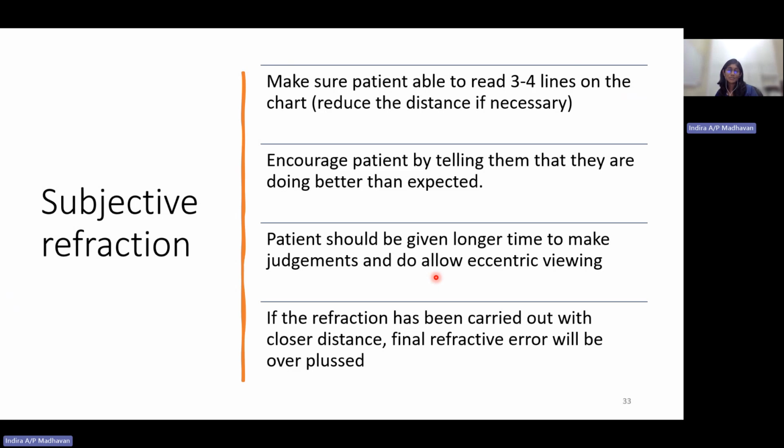Next, patients should be given a longer time to make judgments, and do allow eccentric viewing training. Patients should be given longer time to make judgments means if you're changing two lenses, ask the patient one better or two better, make sure that you give them a longer time. You cannot force them, saying hey, faster, tell me, why taking so long?